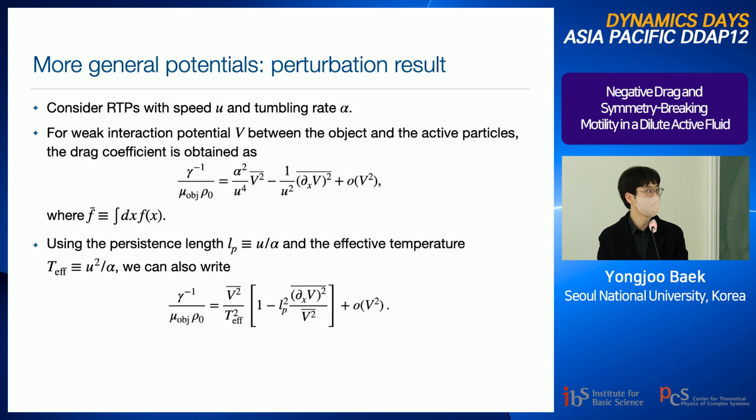This too gives us an exact result for any potential, with the very clear result that negative drag will be induced when the repulsion force itself and the persistence length are sufficiently large. When this L_P is sufficiently large, we get this negative drag.